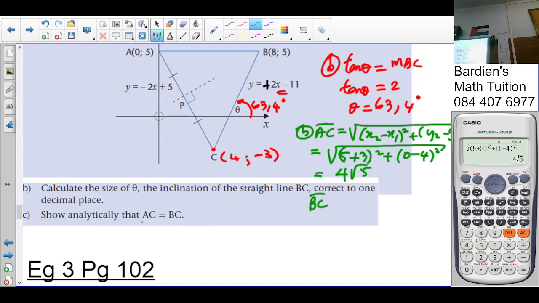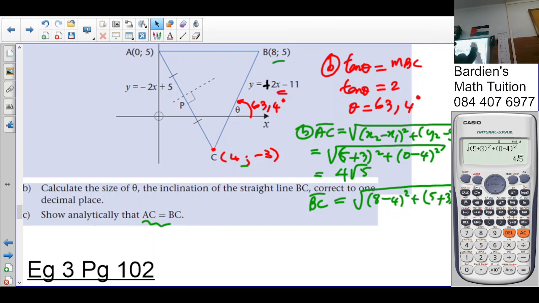Remember the question is show that, so I can't use that in my proof or in my calculation. So for BC, same story. There's B and there's C. So it's the square root of 8 minus 4 squared plus 5 minus minus 3 squared, so 5 plus 3 squared. Or I could have just said 4 squared plus 8 squared. It's going to give you 4 root 5.